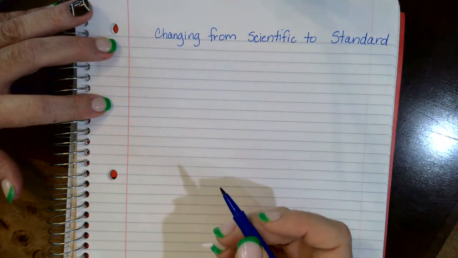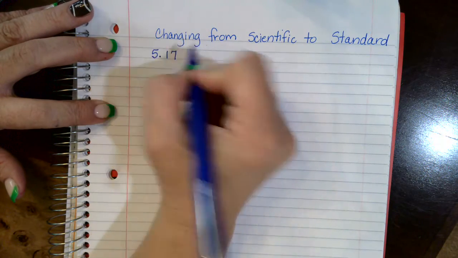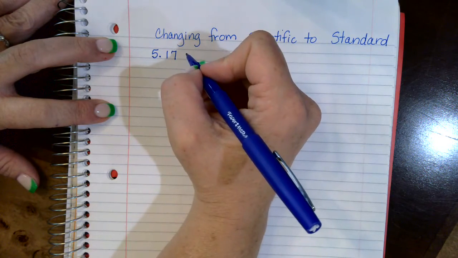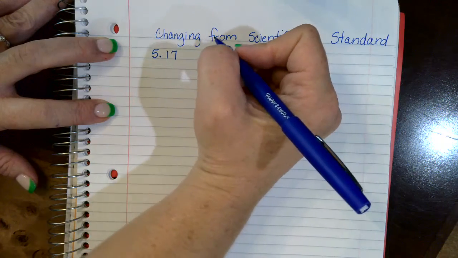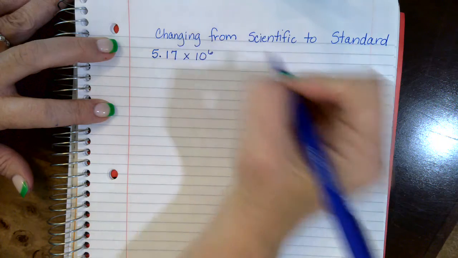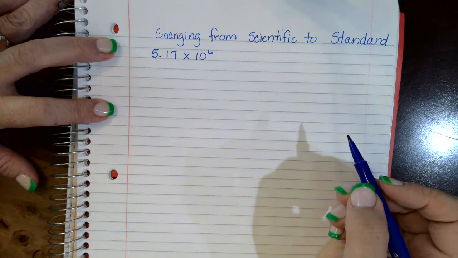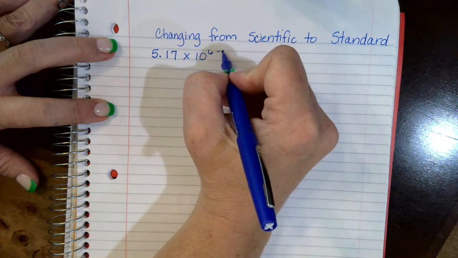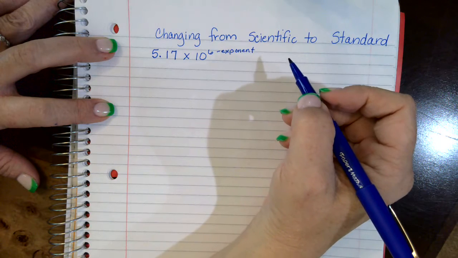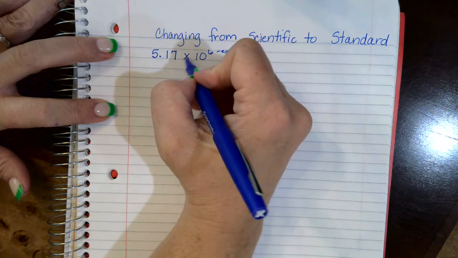So when we have a number that says 5.17, or 5 and 17 hundredths, times 10 to the 6th, then what we have to do is this. We have to look at the number above and to the right of the 10, this exponent. It's going to tell us how many times we're going to multiply 10 by 10 by 10 by 10, and then we would multiply it by this number.